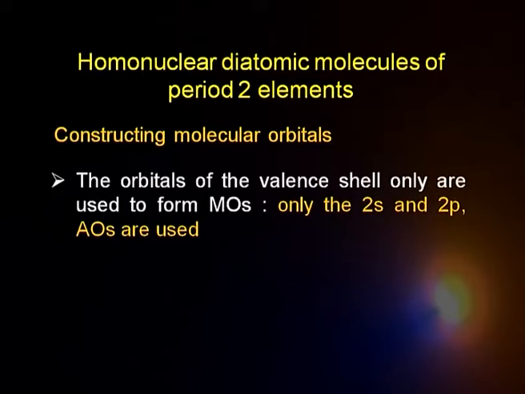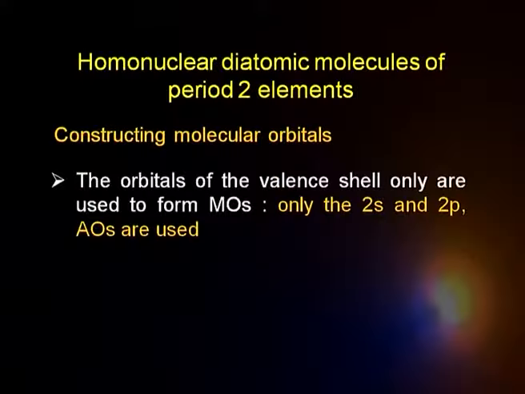The basic premise is that when we construct molecular orbitals, we have to ensure that we use the orbitals of the valence shell. They are the most pertinent ones. So, for period 2 elements, the pertinent atomic orbitals contributing to molecular orbitals will be the 2s and 2p atomic orbitals. 1s is already taken care of.